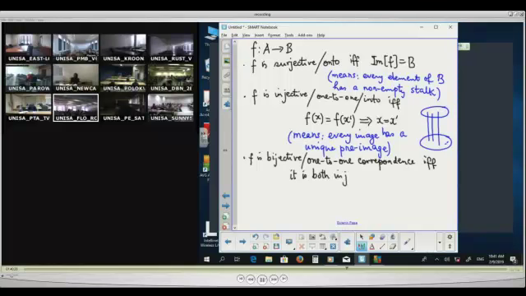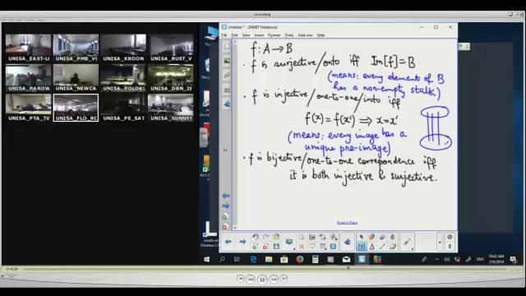See, for example, the notion of an injection. Injection is exactly the name of that word. It just pushes this set inside the bigger one, right?